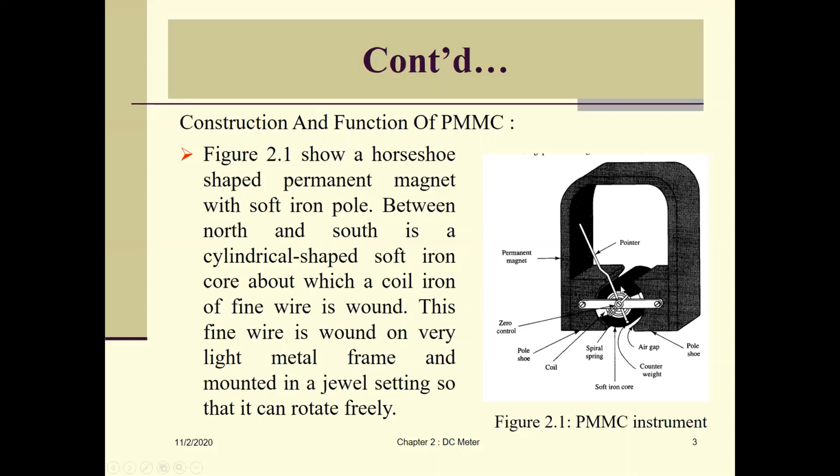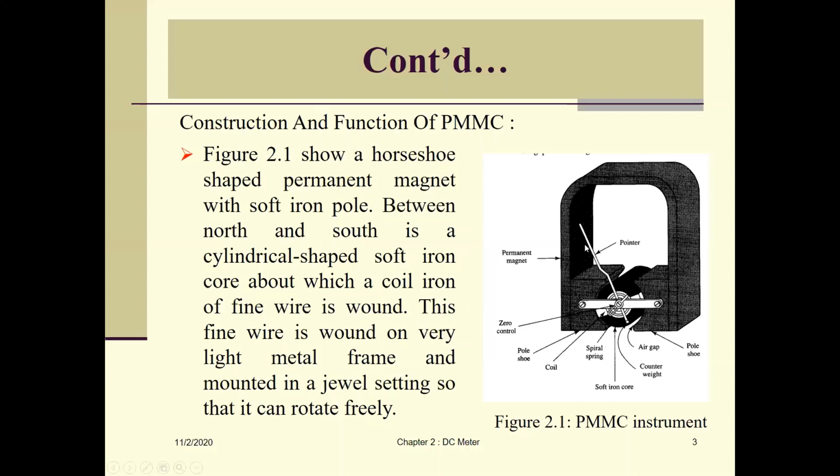Then we have the winding here, inside this one. A coil of fine wire is wound around this very light metal frame, which is mounted in jewel settings so that it can rotate freely.